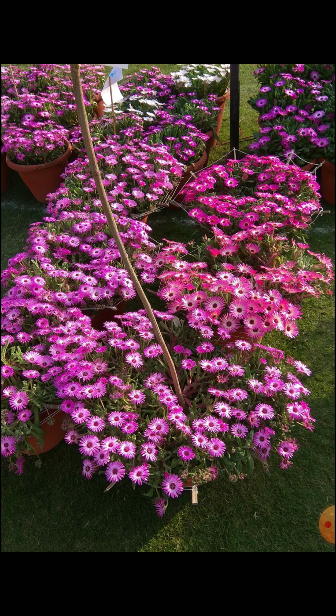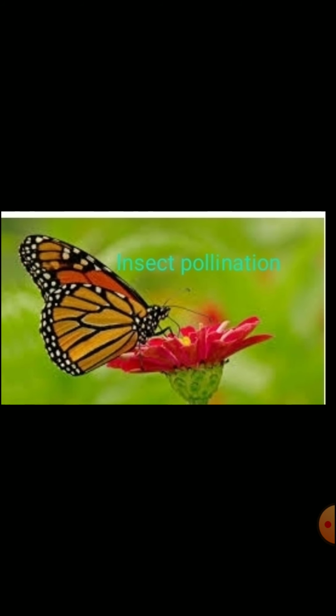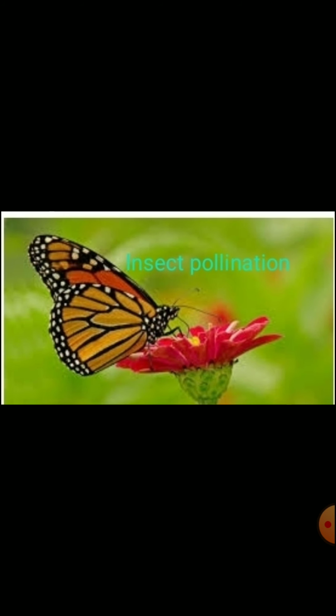Flowers pollinated by moths and butterflies are white or yellow in color, so that they can be easily seen during night and pollinated by them. So these are the characteristics of insect pollination.